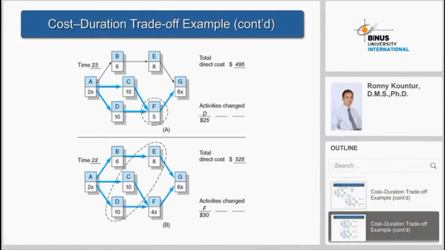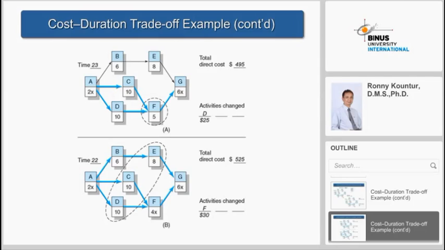So now we are going to reduce D by 1 day. We cannot reduce 2 or 3, always 1 by 1. So D we will reduce to 10 days, from 11 to 10.